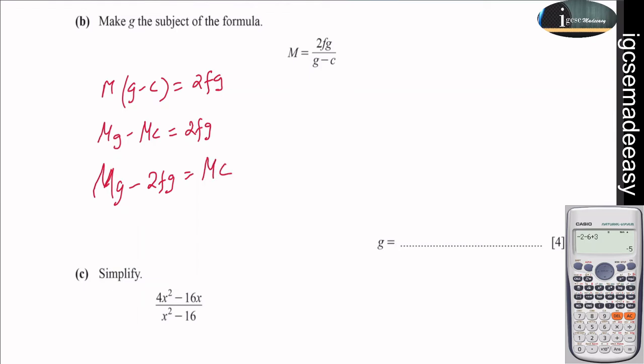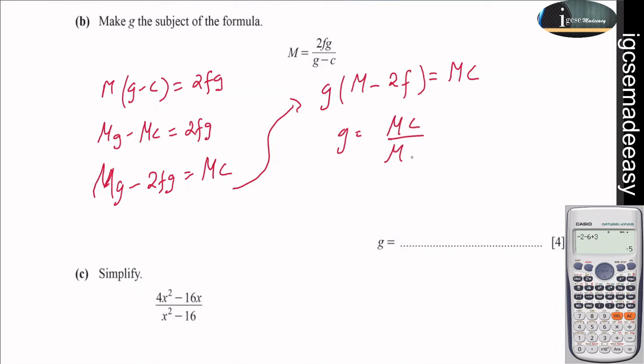Now from this I can take g common, then I'll write m minus 2f equals mc. So g equals mc divided by m minus 2f. So that's your final answer.